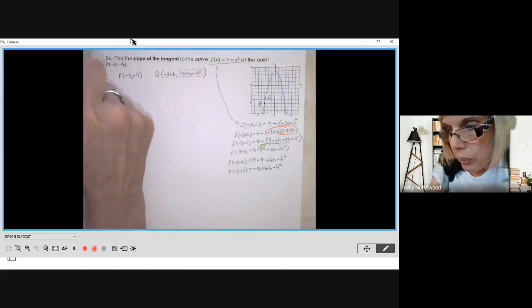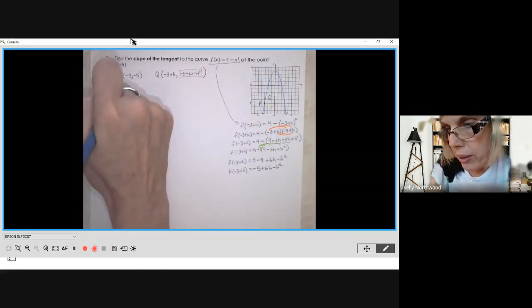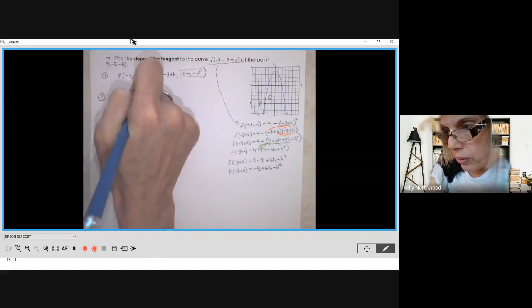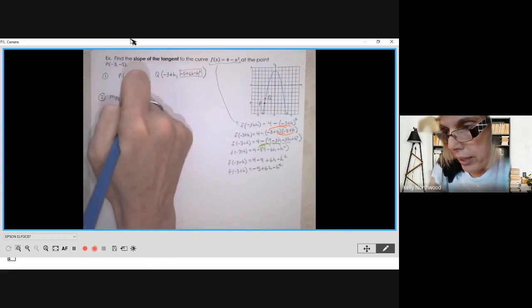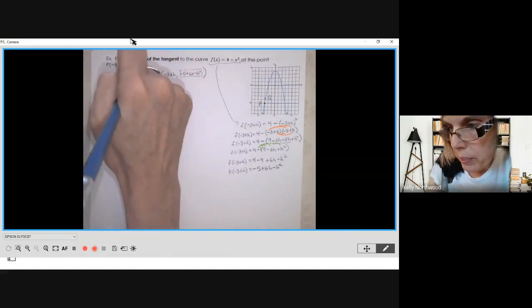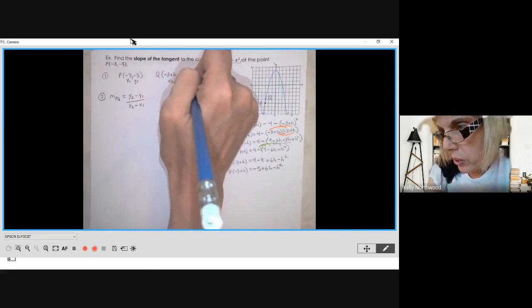All right, so that was step 1. Step 2 is to find the slope of the secant, so the slope joining P and Q, which you can call MPQ. And we just use the grade 9 slope formula to get that. So remember, the first point is going to be our x1, y1, and the second point is going to be our x2, y2.